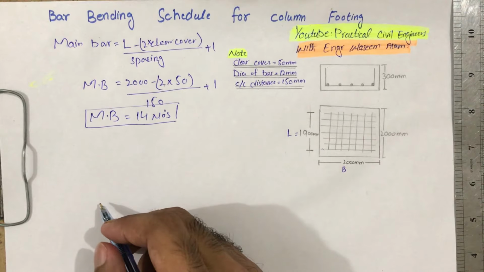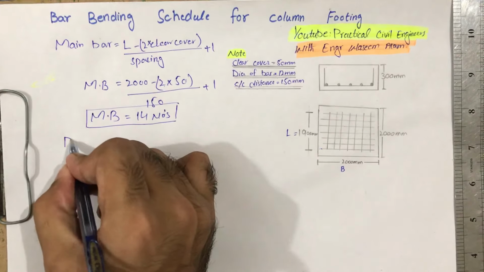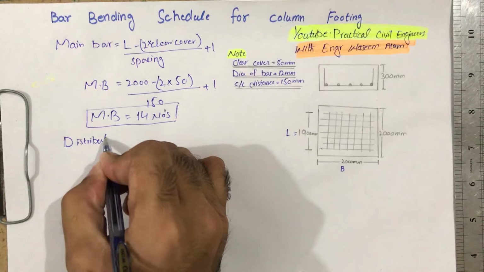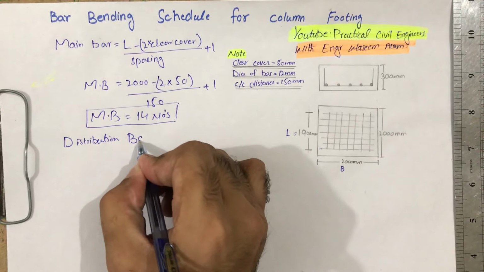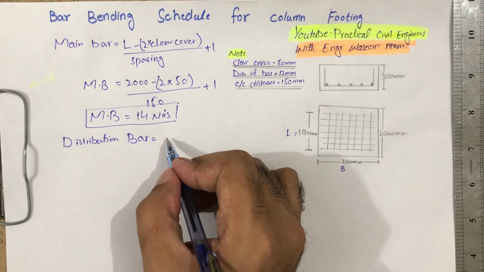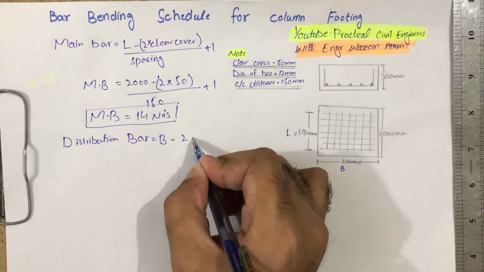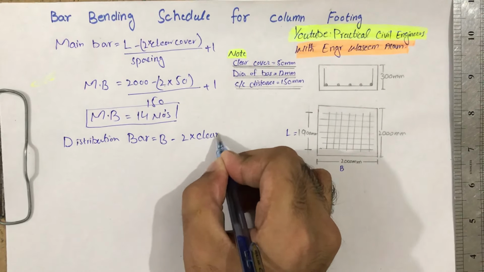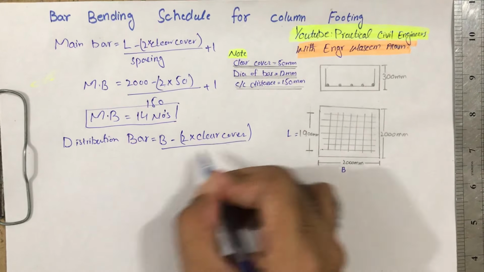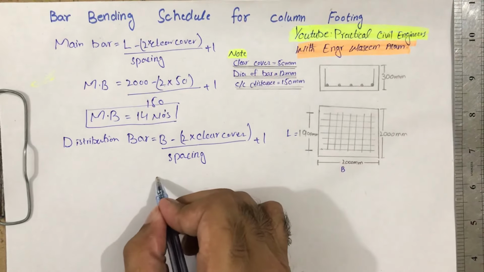Now we have to find distribution bars. Distribution bars is equal to, suppose this is B, so B minus 2 clear cover divided by spacing plus 1.